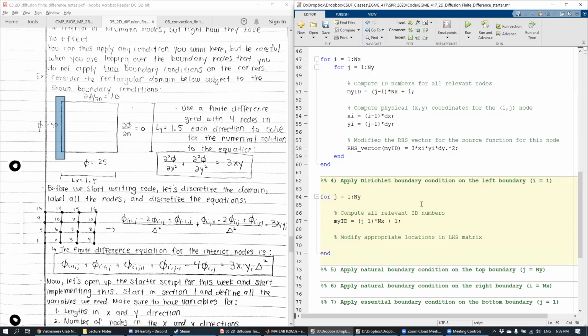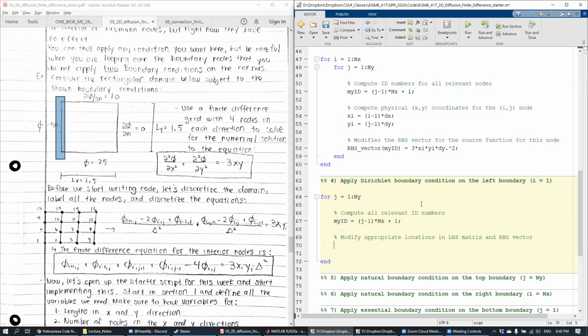All right, so then after we compute the ID numbers, we have to modify the appropriate locations in the left-hand side matrix and the right-hand side vectors. For a Dirichlet boundary condition, we just have 2 modifications to make. The first modification is on the left-hand side matrix.